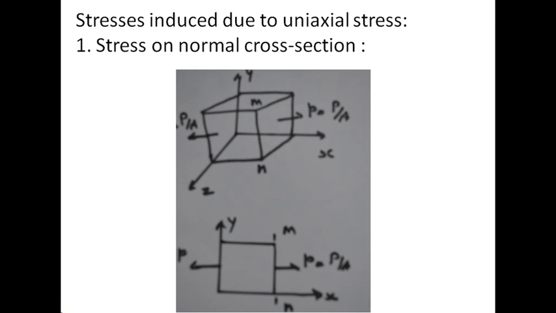Assume the bar meets all these conditions so that the stress distribution across the section MN is uniform. In that case, the stress is sigma equal to P by A, as shown in the stress element at point C.